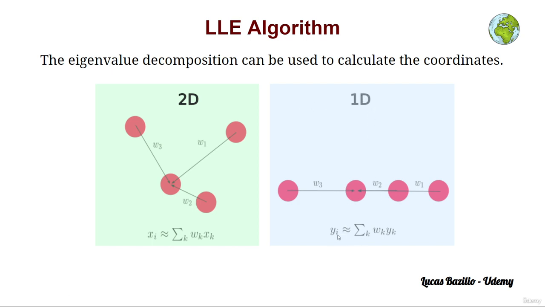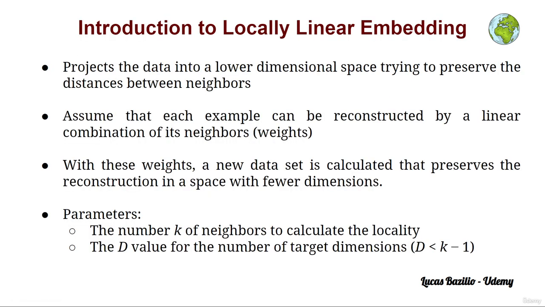And this new data point is going to be an approximation of the summation of all the other data multiplied by their weights in the same way, but now in this new dimensional space. So as we can see, this method preserves the distances between the neighbors.